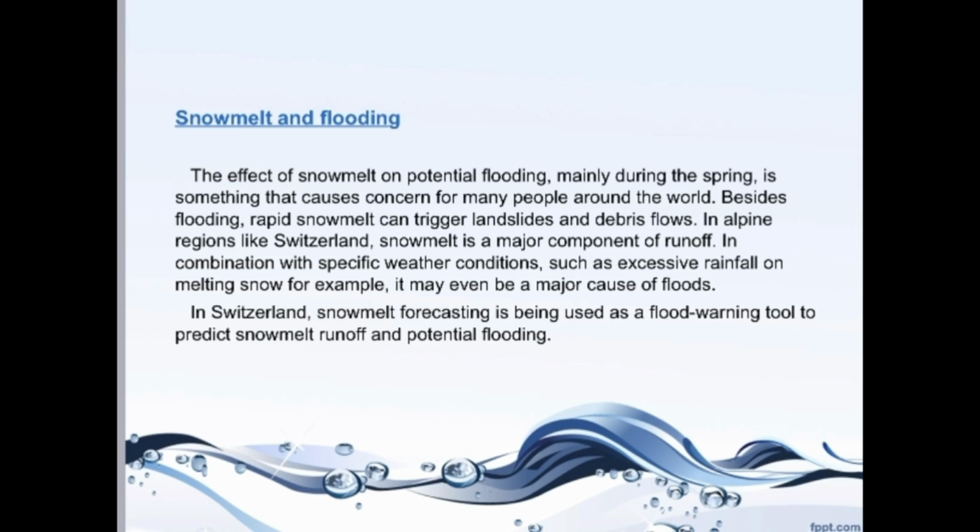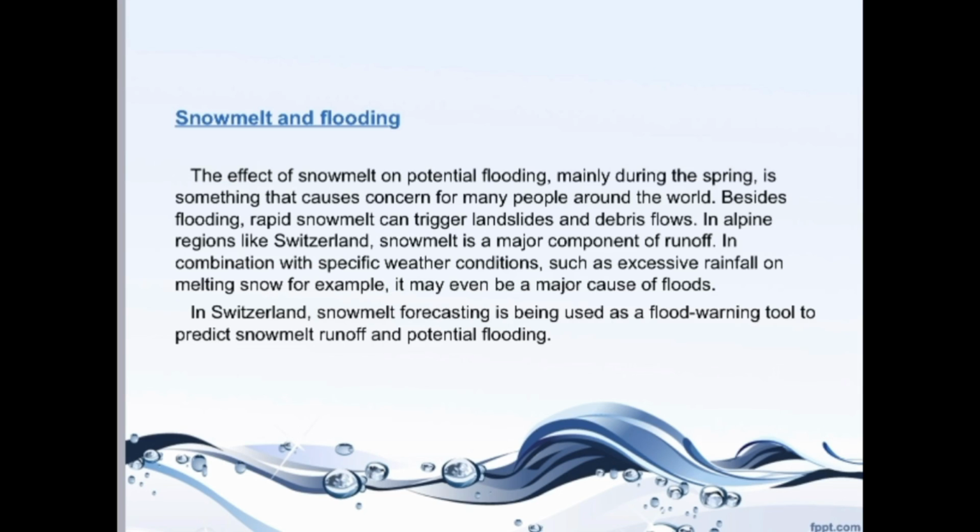So landslides or the collapse of debris are an effect of rapid snowmelt. In alpine regions like Switzerland, snowmelt is a major component of runoff. So snowmelt is a major component of runoff in alpine regions like Switzerland.